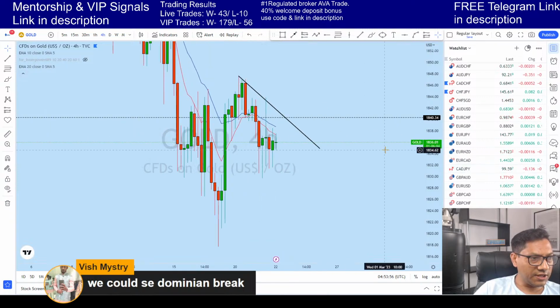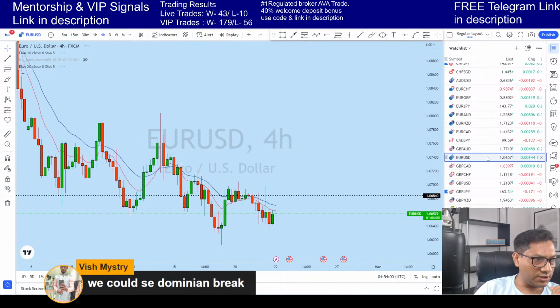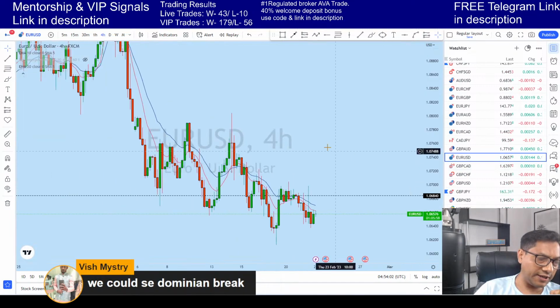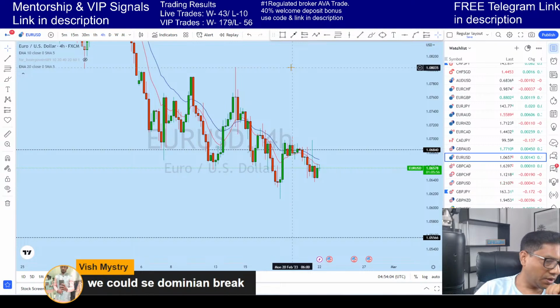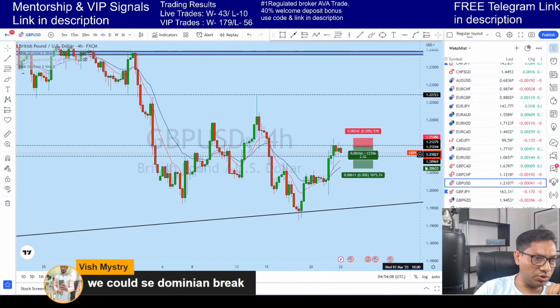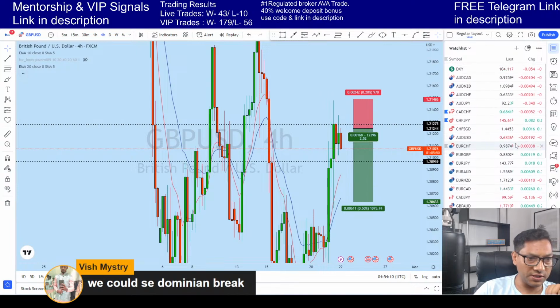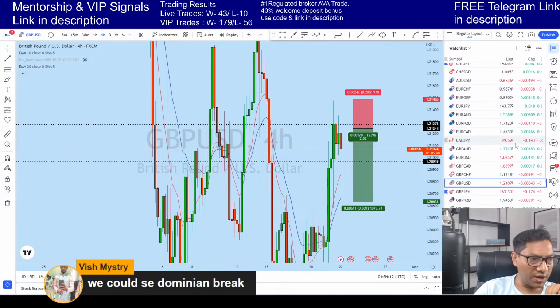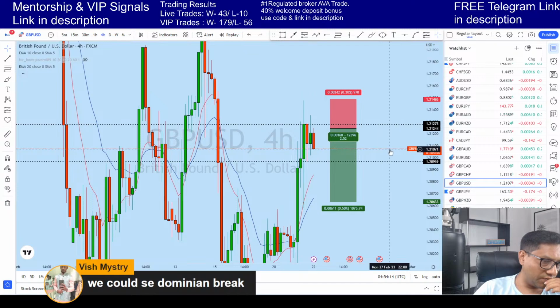So we see the probability with the gold that we'll be looking at. Now you can see exactly the same notion with the euro dollar and with GBP USD. On GBP USD, the price in fact is having a strong rejection from the top.